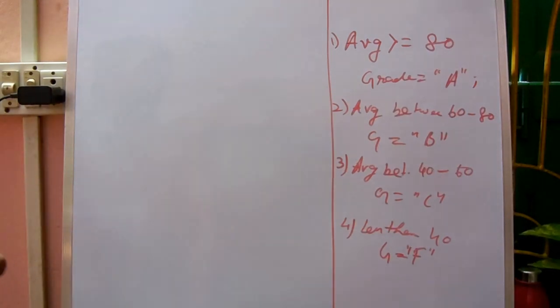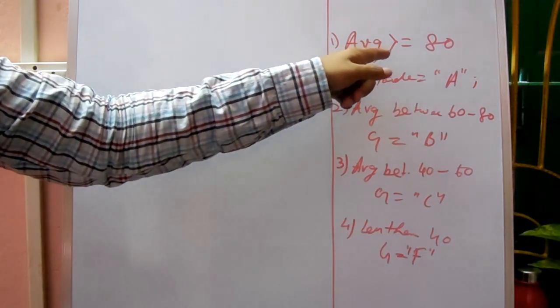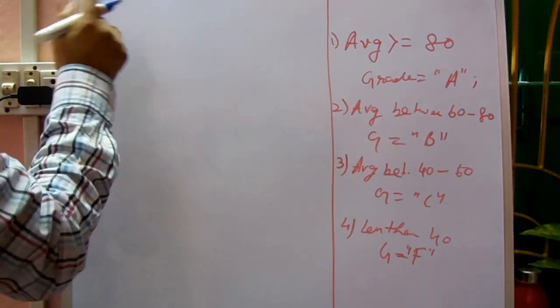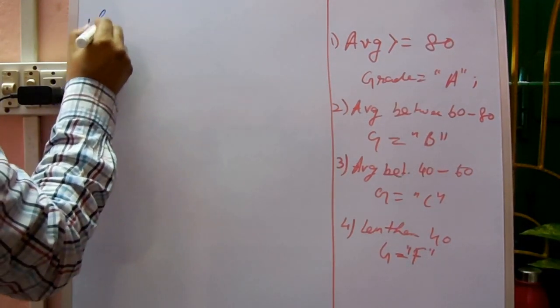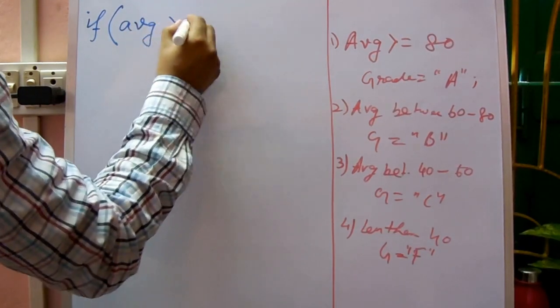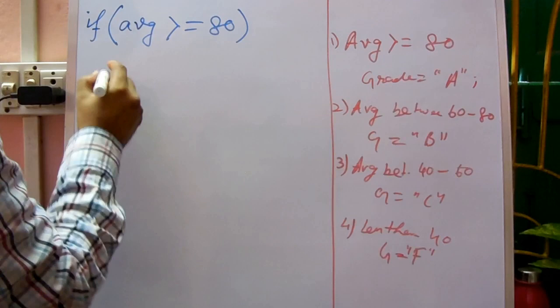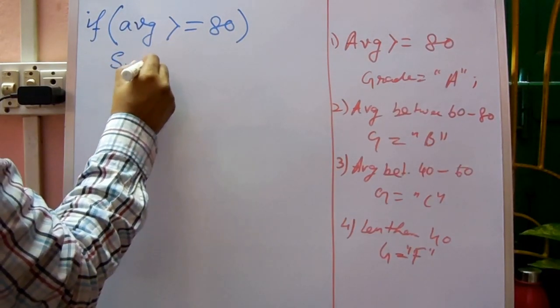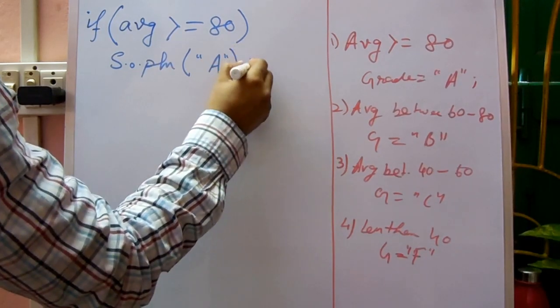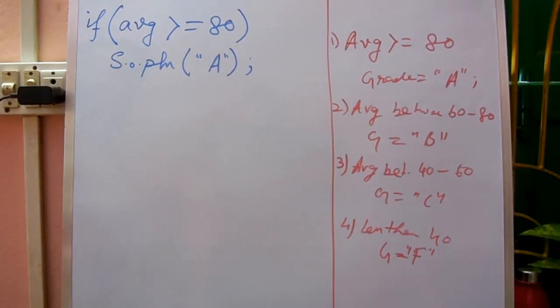So what is the first condition? If average is greater than or equal to 80, then grade A. So if average is greater than or equal to 80, then we will print System.out.println within quotation marks, A. Why have I given quotation marks?